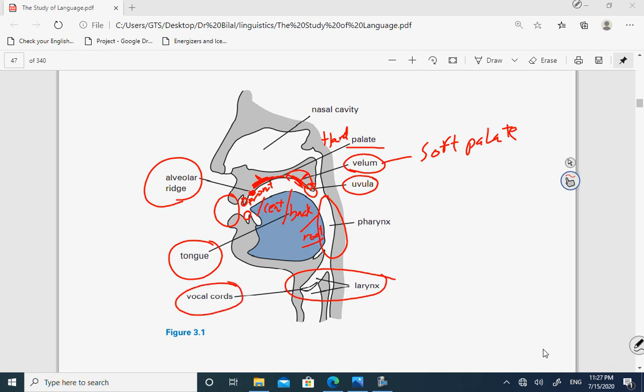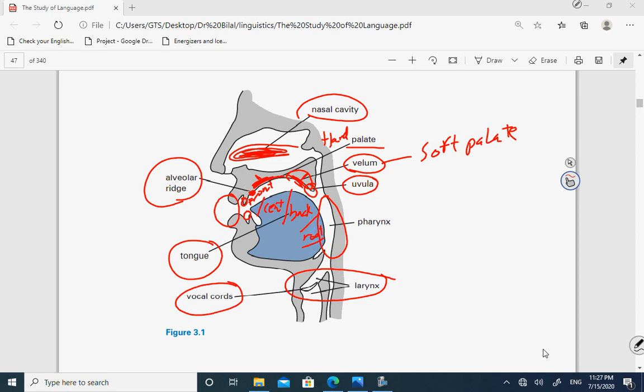And finally, this is the nasal cavity. So again, these are the main organs of speech which are responsible for the production of speech sounds. It's the vocal tract.